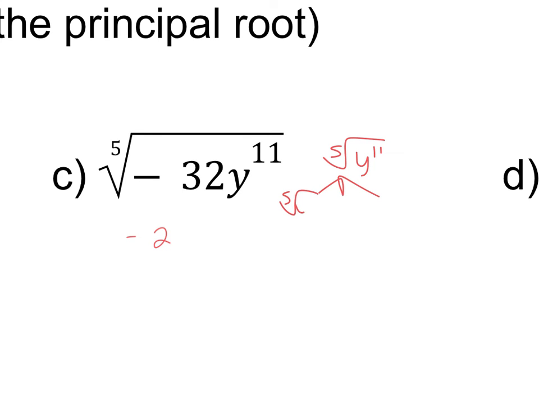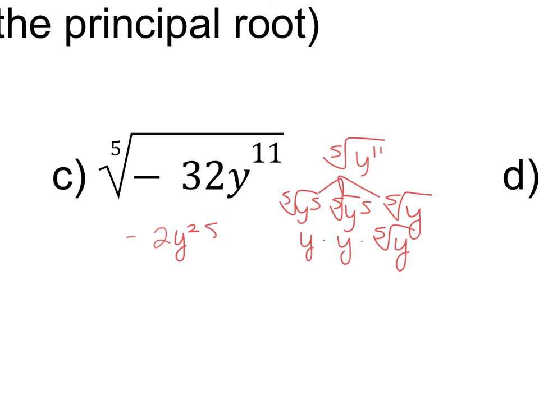The 5th root of y to the 5th, 5th root of y to the 5th, 5th root of y, right? That's 11 y's. 5, 10, 11, yes. So that gives you y times the 5th root of y. So this is negative 2 y squared 5th root of y. It's kind of a mouthful.